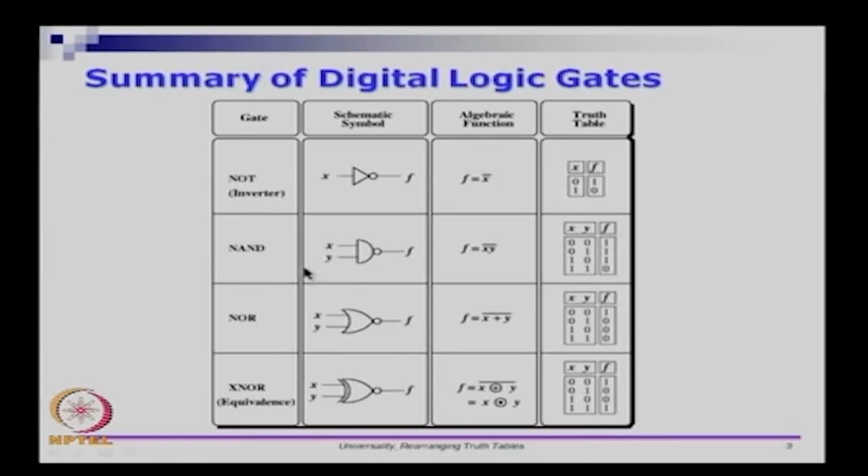Just keep in mind that NAND is just NOT of AND, so you will see an AND and then an inversion or a small bubble. NOR is NOT of OR, so an OR gate followed by a bubble and so on. Instead of drawing the OR gate and an inverter explicitly, we will have a shortcut notation for NOR. In fact, physically, if you go and realize these things, sometimes you can implement these gates directly.